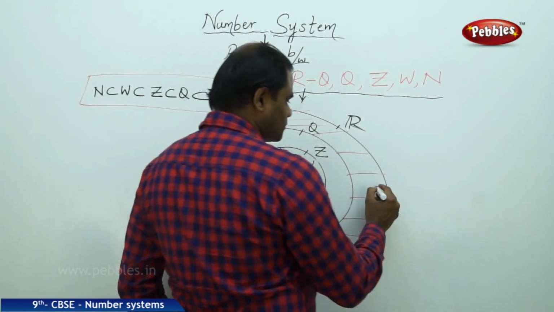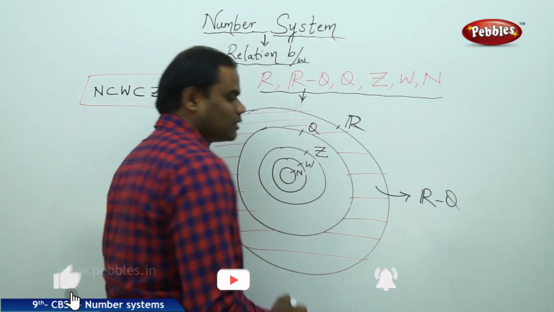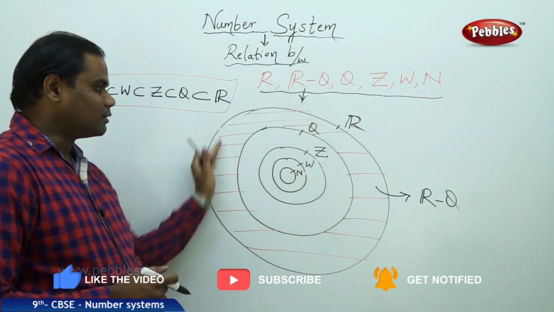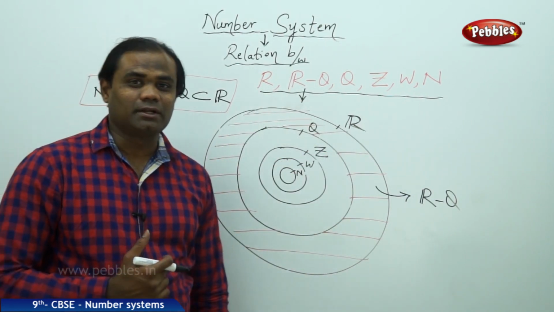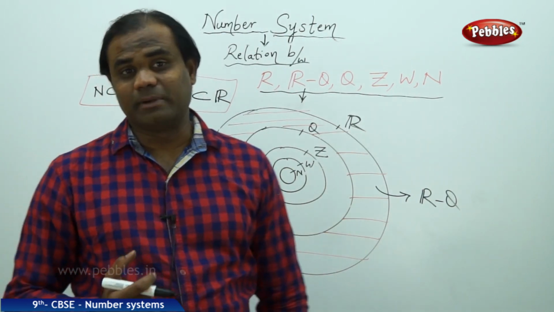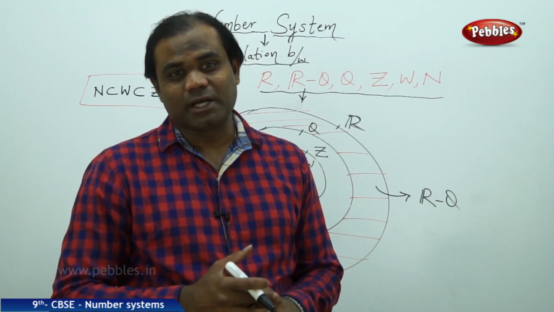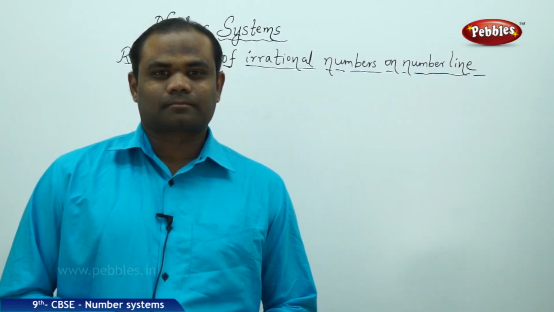So this region represents all the irrational numbers which lie between the rational and real. This is how we understand the different sets of numbers in mathematics, which are related and interlinked to each other through this Venn diagrammatic representation.